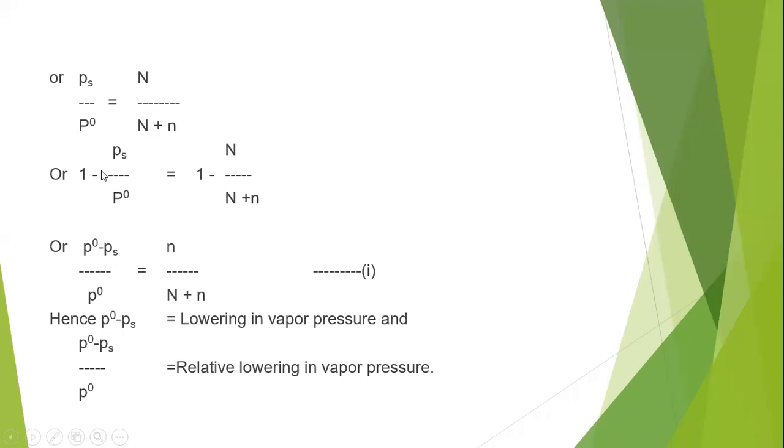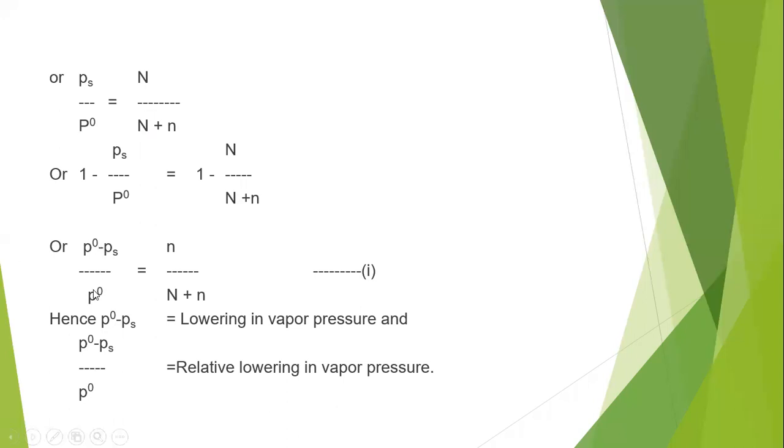Or if we subtract both sides from 1, then 1 minus PS by P0 equals 1 minus capital N by capital N plus small n. Then it turns into P0 minus PS by P0 equal to small n by capital N plus small n. Small n by capital N plus small n is the mole fraction of the solute.